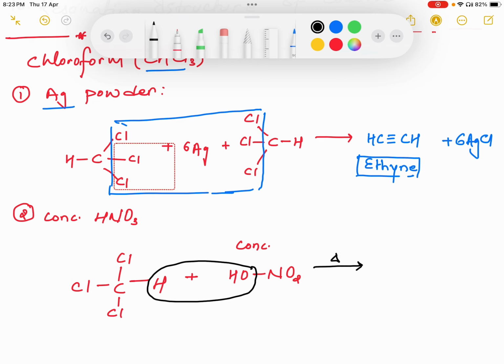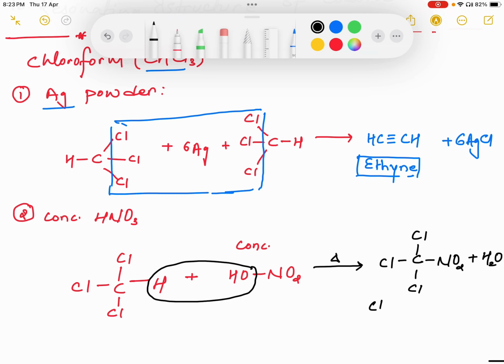So what will exactly be formed is CCl3. The entire three chlorine will remain as it is, and here there will be the attachment of NO2 group along with the liberation of water. So this molecule formed is known as chloropicrin.